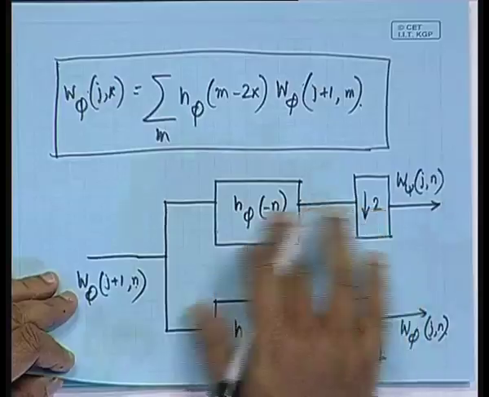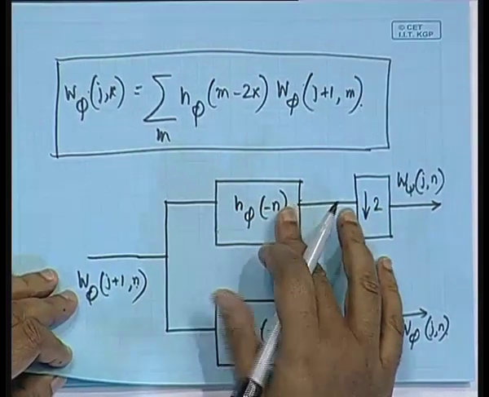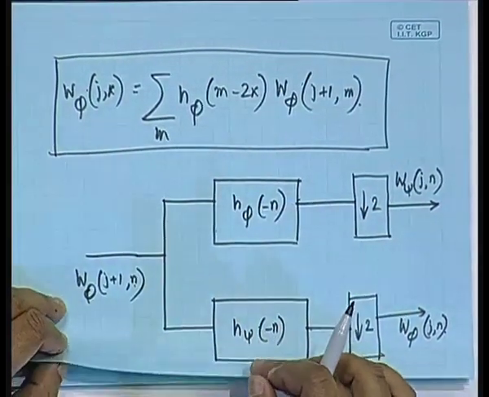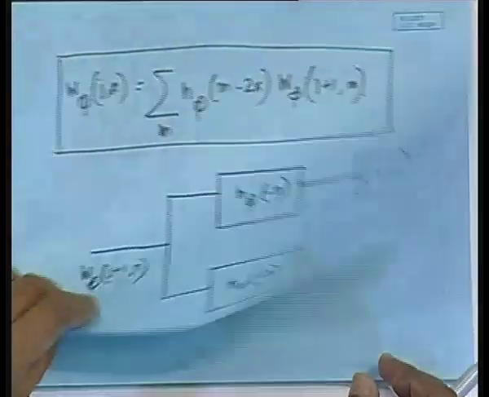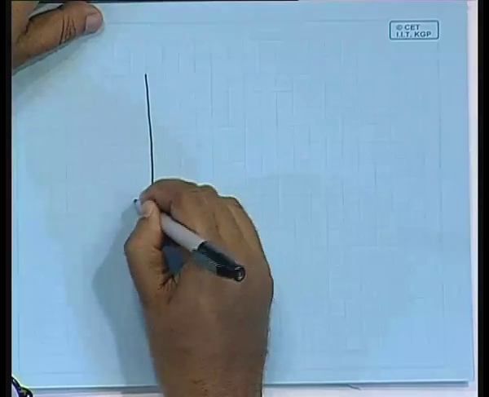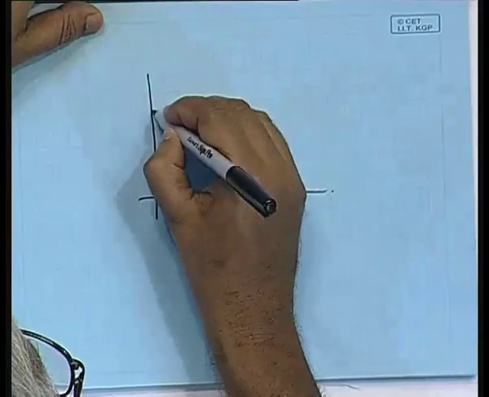So, your number of samples are increasing, and on the other hand your bandwidth gets halved, because if you are realizing the filter like this. See, h phi of minus n is a low pass filter, h psi of minus n is a high pass filter. So, if I have the filter responses like this.